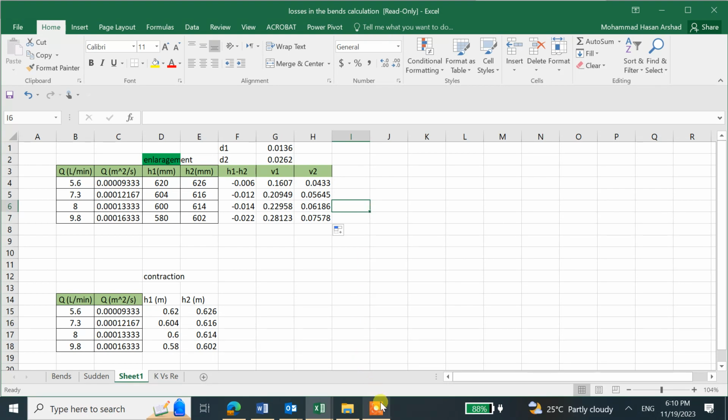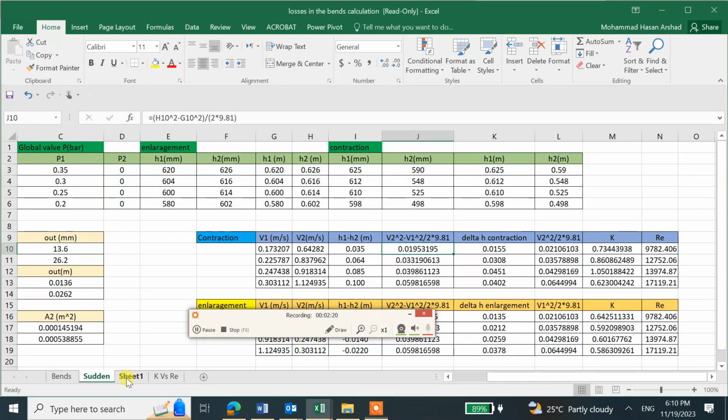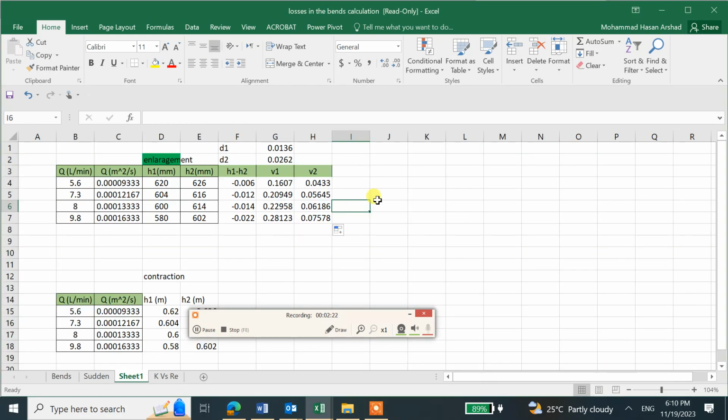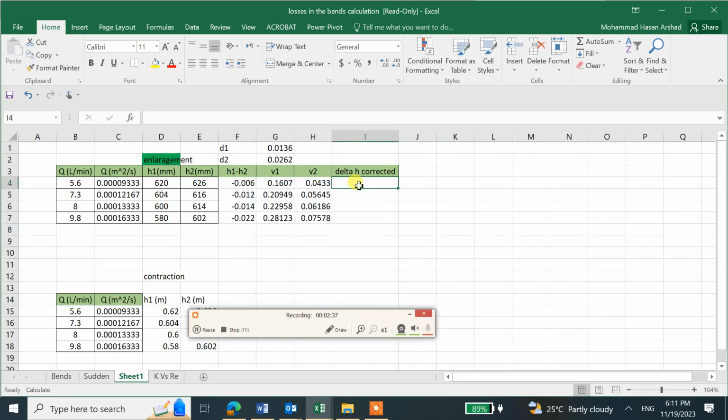These values are very small. I don't know why. Okay, let's continue. So V1, V2, and then the correction factor. Delta H corrected is delta H measured, which is this, minus... we have to add the term which is happening due to the change in velocity.